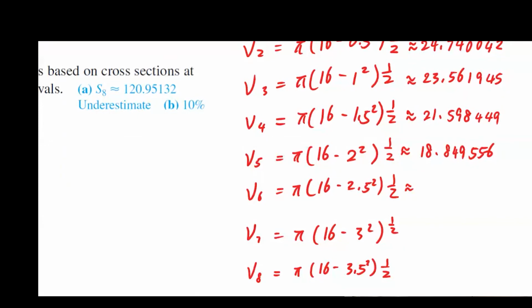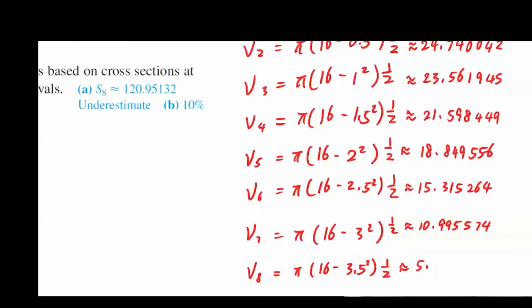Okay, V6, somebody go. 15.315264. And V7. 10.995574. Okay, final one, V8. 5.890486.